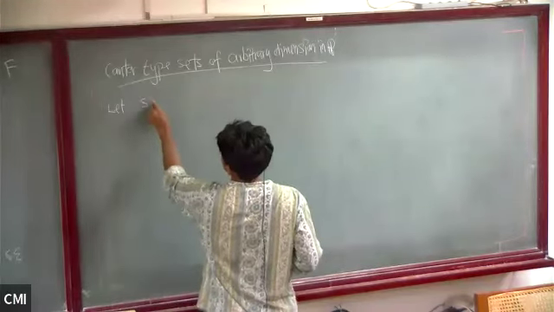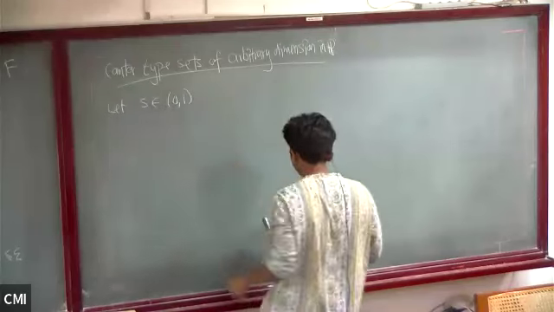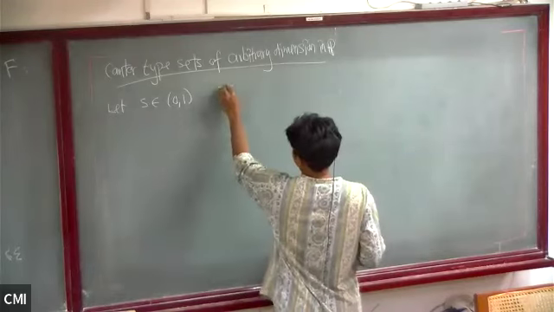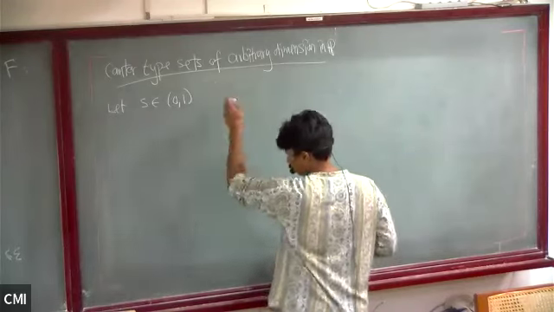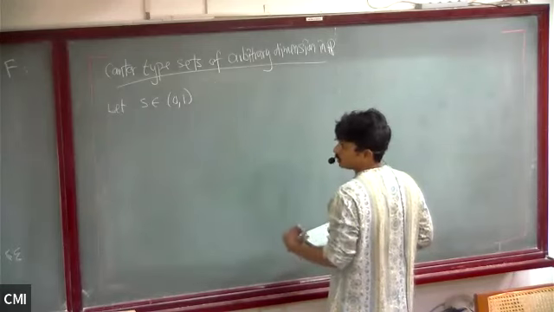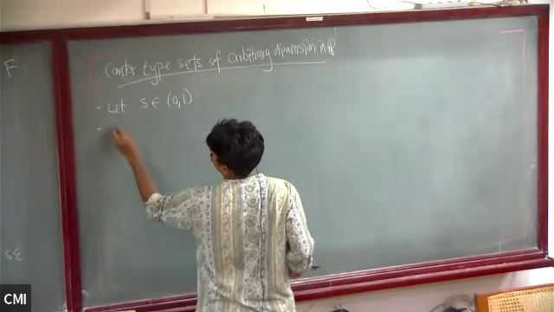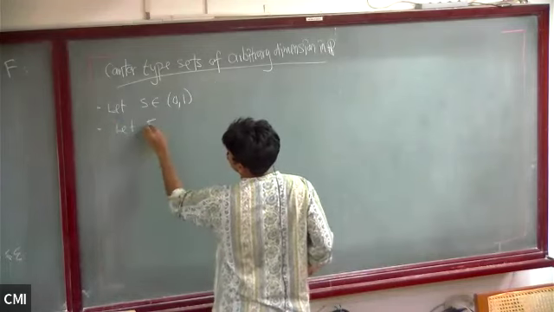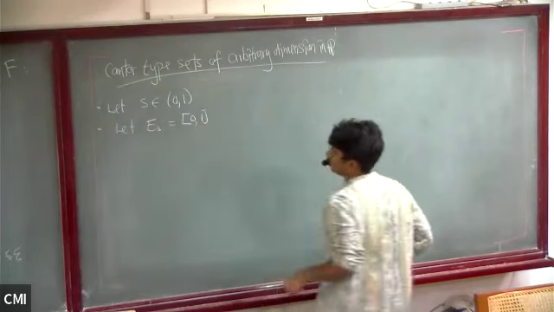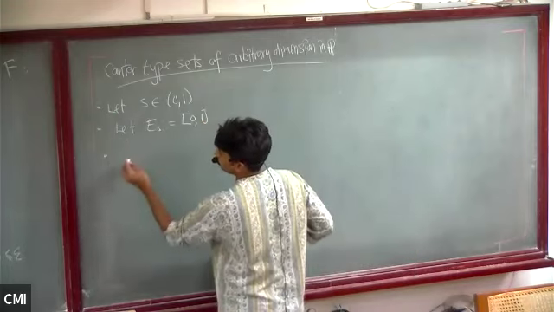So I choose s in the open interval (0, 1). And just like the middle third Cantor set, I'm going to define this Cantor set in a recursive fashion. So we start with E_0 being the unit interval.